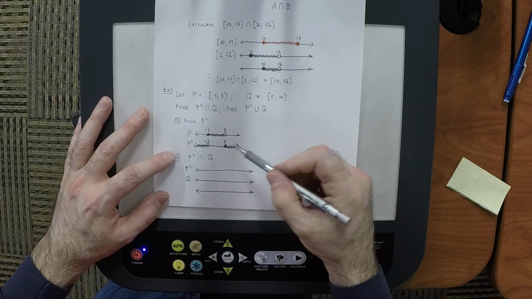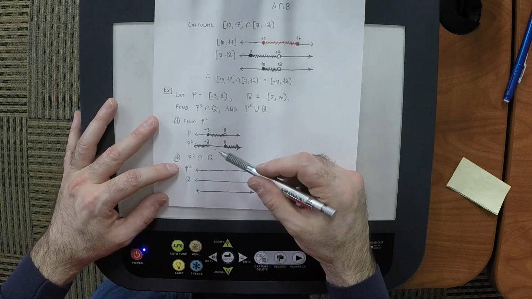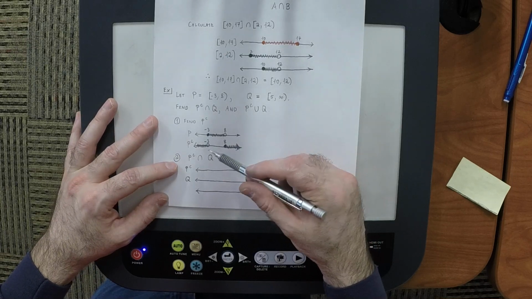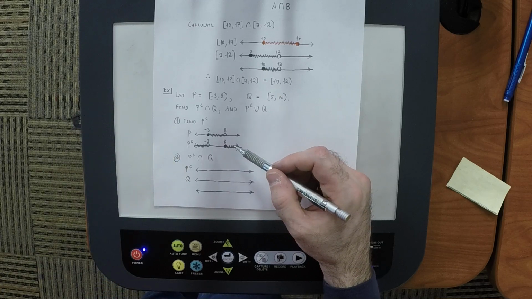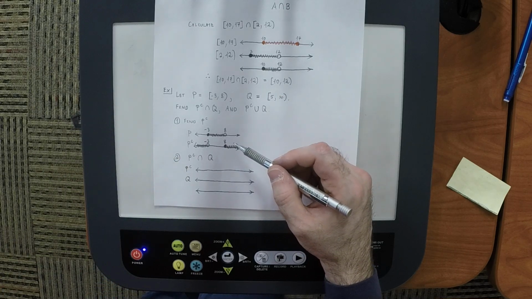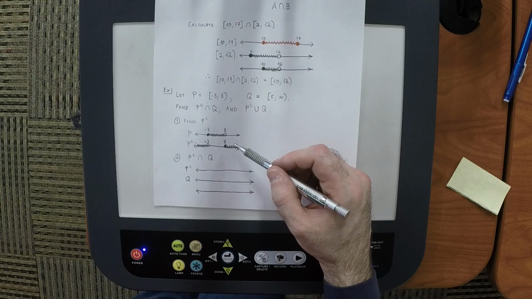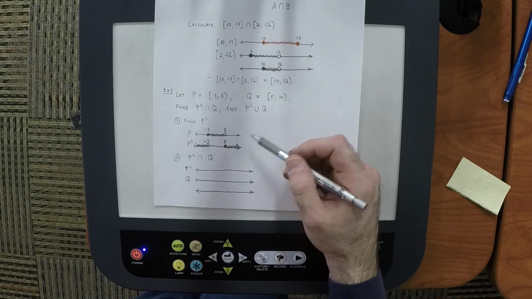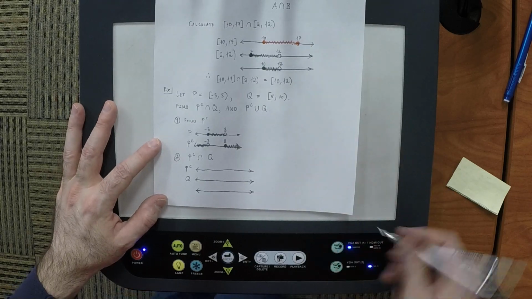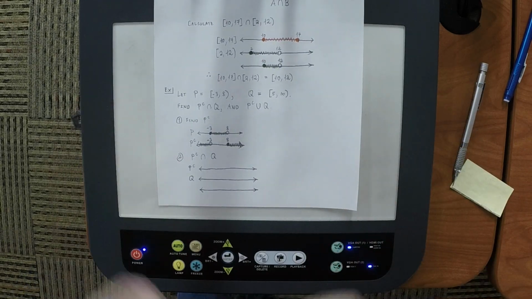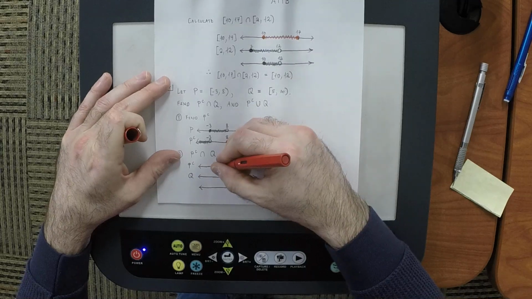So for P complement, we kind of need to mark out 2 points, -3 and 8. And what do we need to mark out for Q? Just 1 point, right? We need 5. Okay. So P complement would be like this.